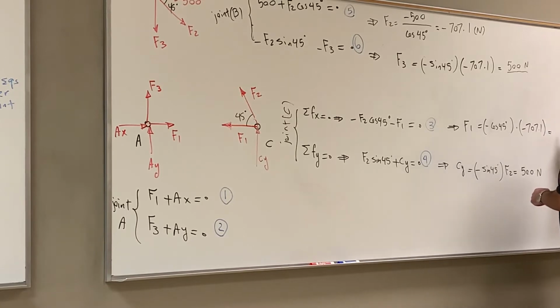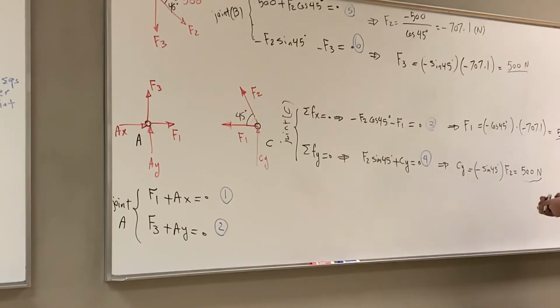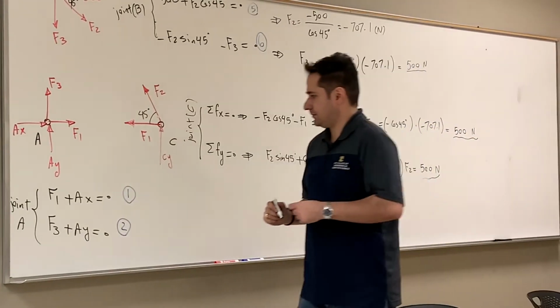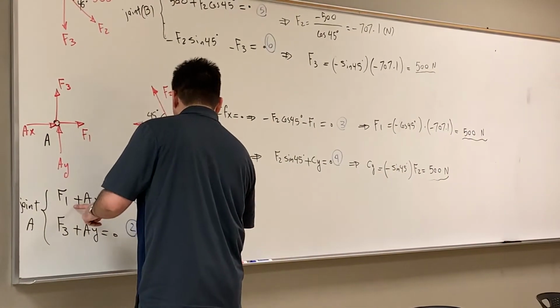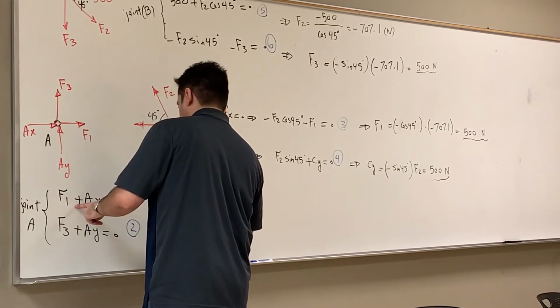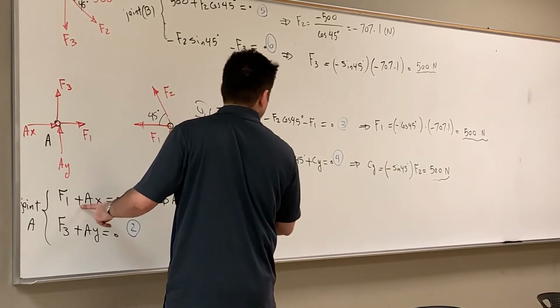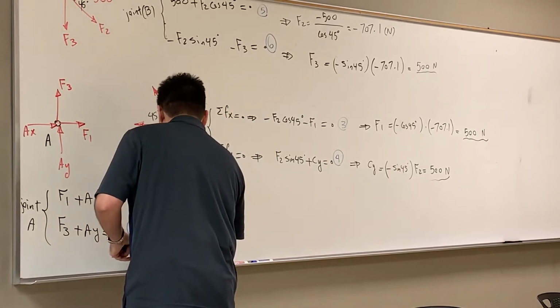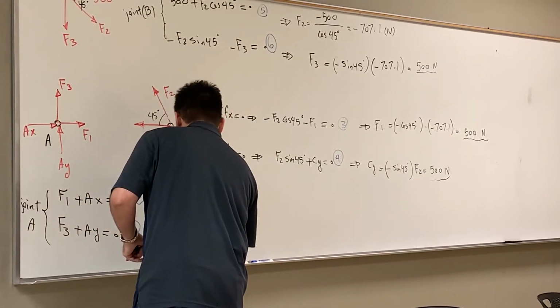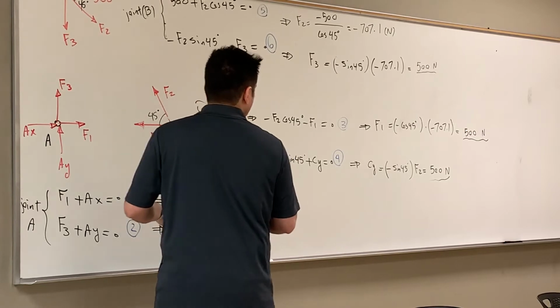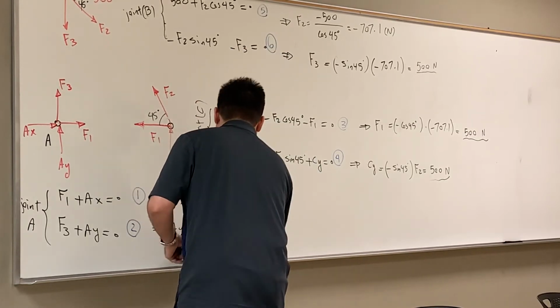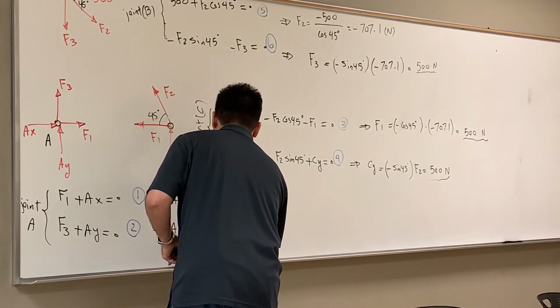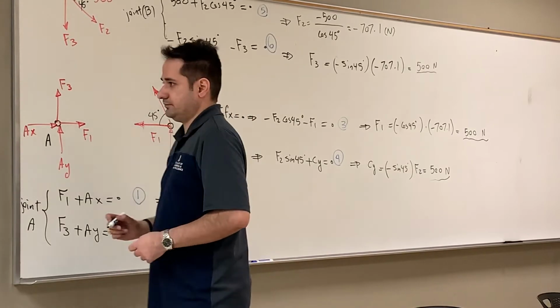That is equal to 500. AX is negative F1, negative 500, and AY is negative F3, negative 500. That's the solution.